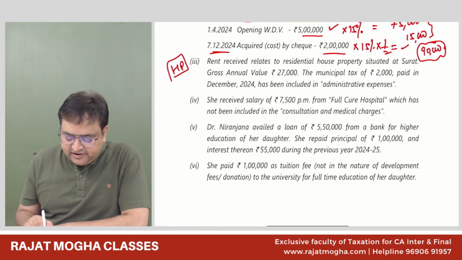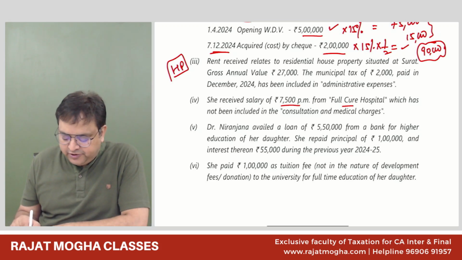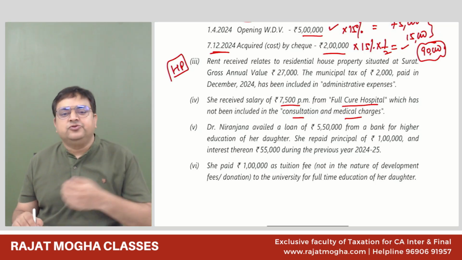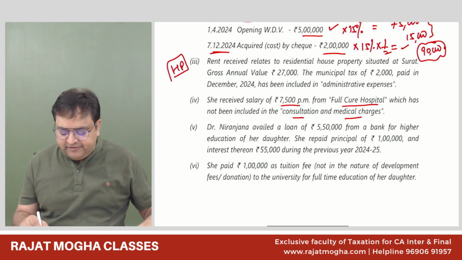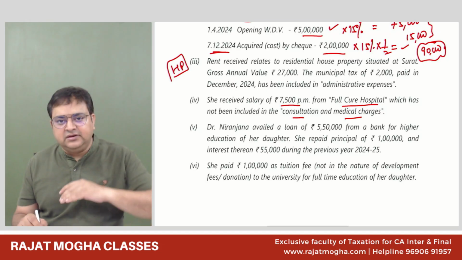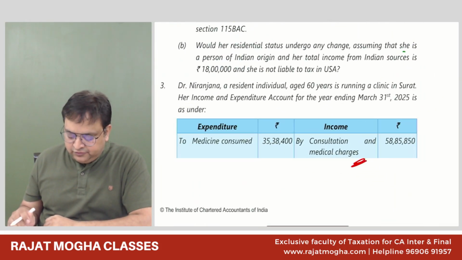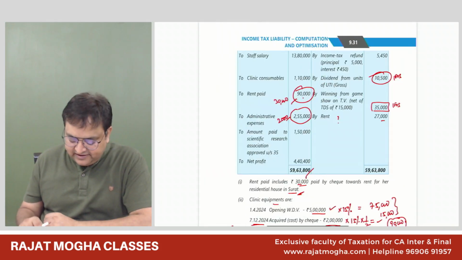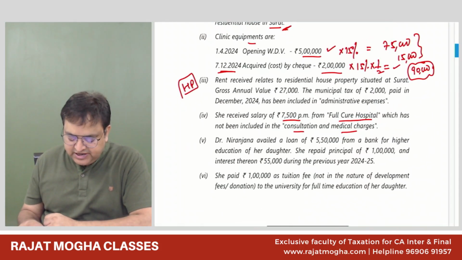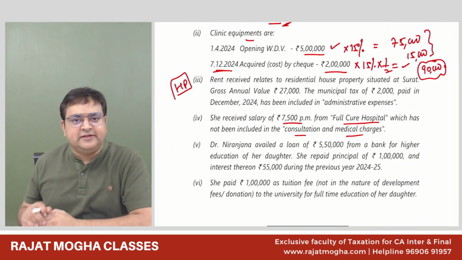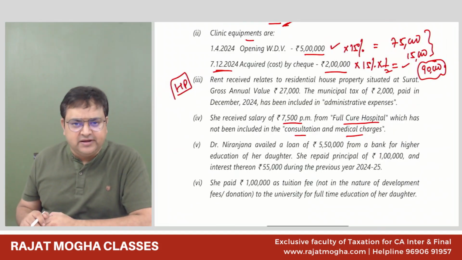She received a salary of 7,500 per month from Full Cure Hospital, which has not been included in the consultation and medical charges. So they are saying that she has received a salary also from some hospital, and she has not taken it in her income and expenditure account. That's okay.